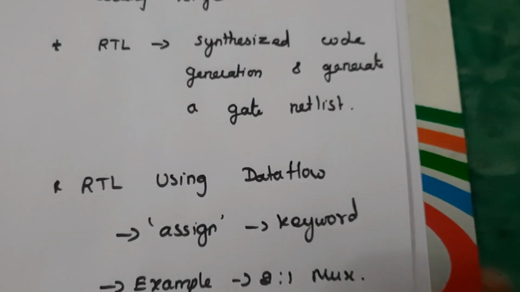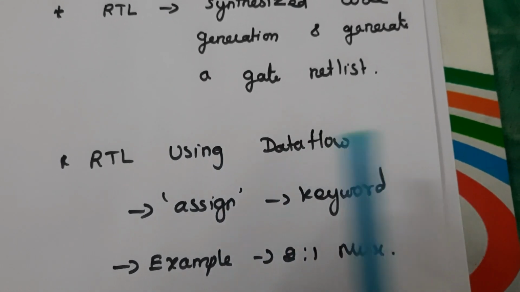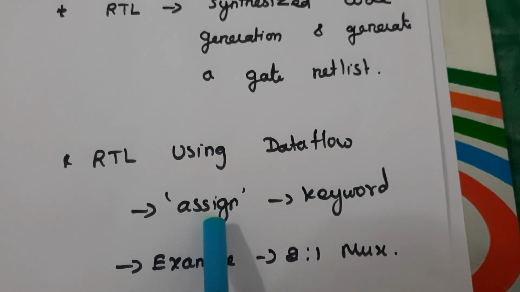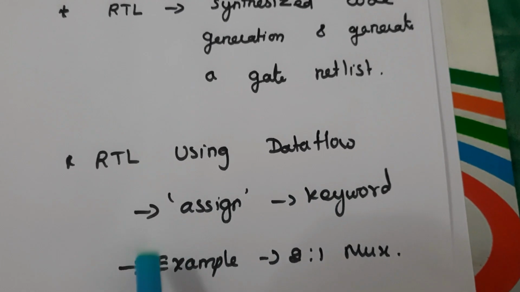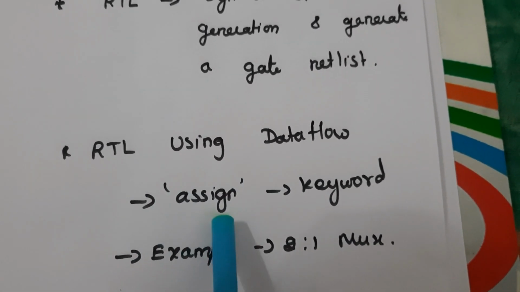Now we are going to explain the RTL with data flow modeling, and for data flow, assign is the keyword. Now we are going to write the code for a 2:1 mux with this assign keyword.